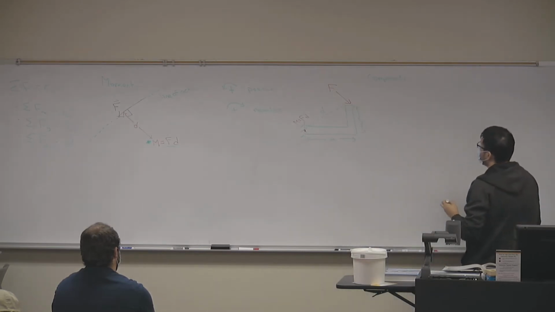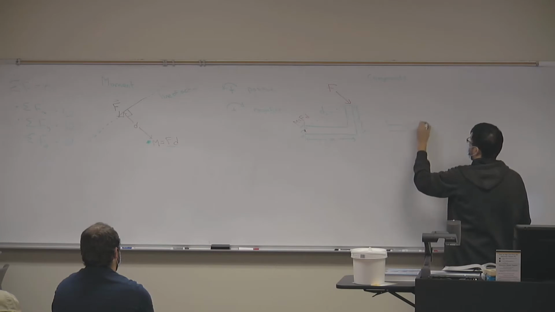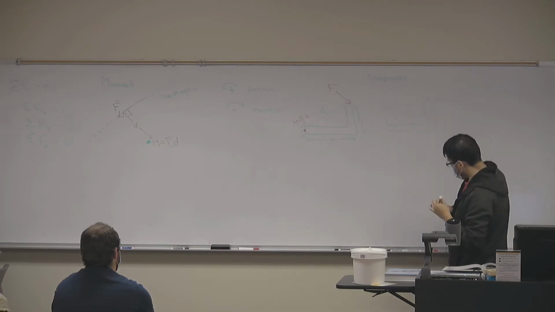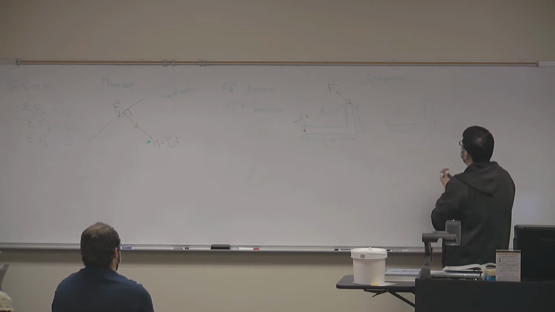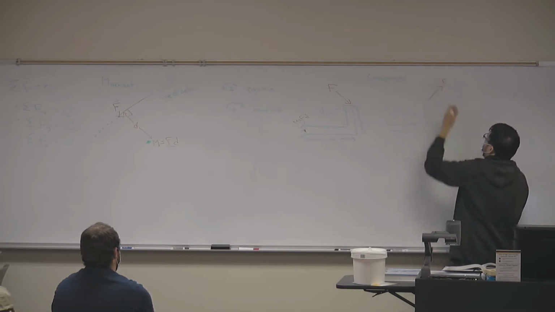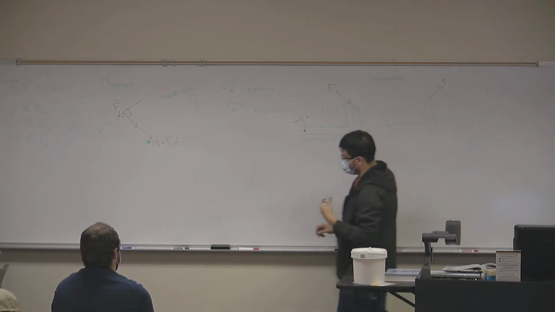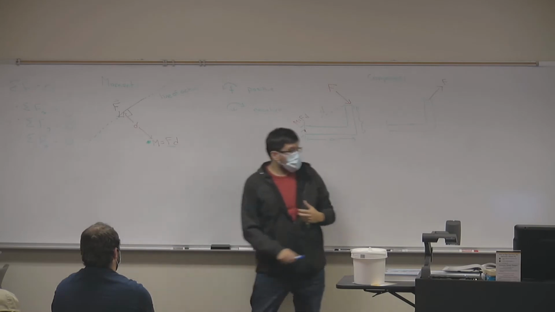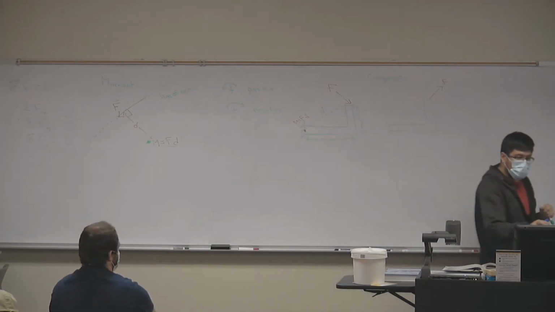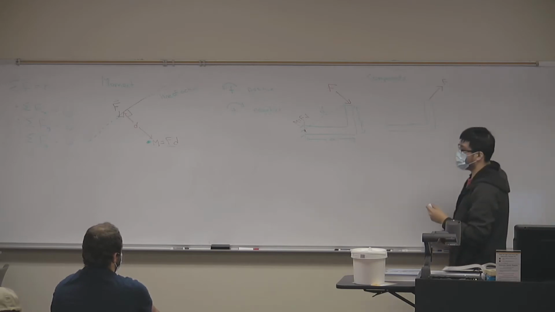Sometimes, if it's not easy to quantify the distance between the line of action of a force, I'm going to draw it this way this time, and your point of interest, it may be a little bit easier for us to look at the components of the force instead of looking at the force as a whole.